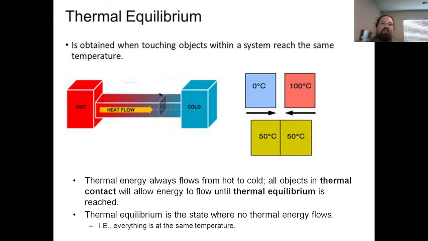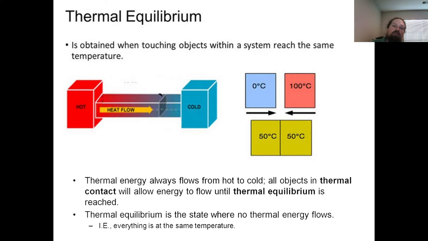As long as we're at different temperatures, we have different amounts of thermal energy across my mass versus the water's mass. And thermal energy will keep transferring as long as I'm touching the water and as long as there is a temperature difference. Any two objects that are touching, thermal energy will transfer between them, specifically from hot to cold.